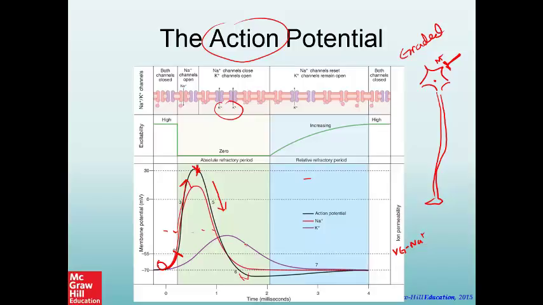So there's a brief period of hyperpolarization. And then, because of the action of the sodium-potassium ATPase, when the potassium channels close, there's a reestablishment of the sodium and potassium gradient, and you get a slow creep back up to resting membrane potential.